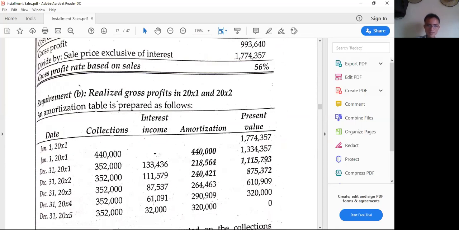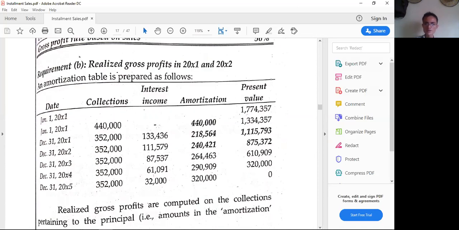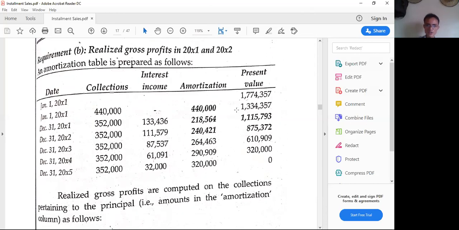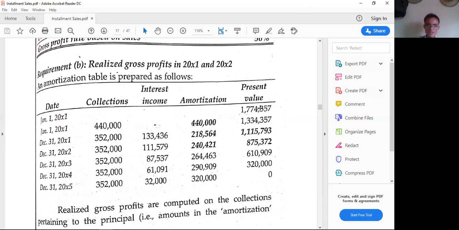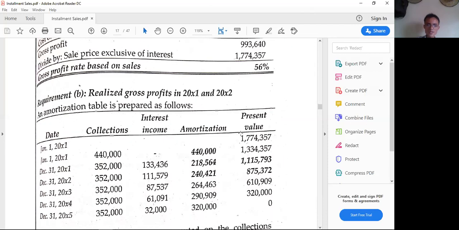Okay, and then as being discussed in our financial accounting and reporting, we can actually make an amortization table for us to be able to easily compute the amounts exclusive of interest. So we can have 5 columns: date, collections, interest income, amortization, and present value. The present value is basically at the start, whatever was the sales price here.